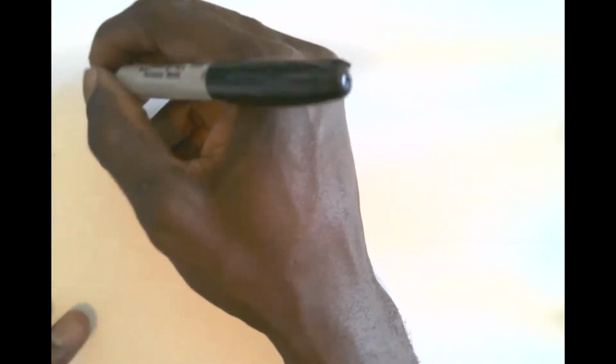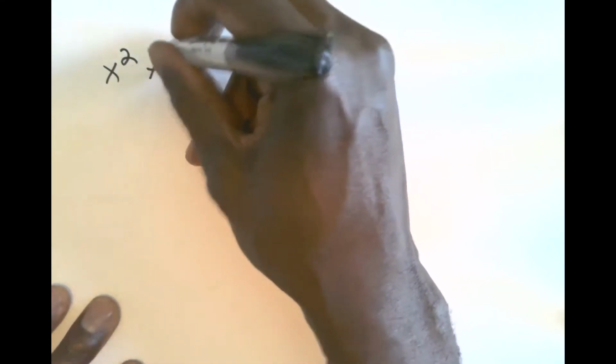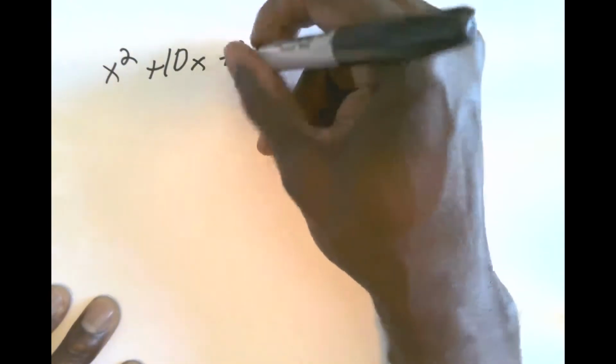All right, so again, just some commentary about factoring in general, and then we'll build up to the AC method. So I'm going to factor some trinomial quadratics. This is just a basic problem to remind you: x squared plus 10x plus 24.